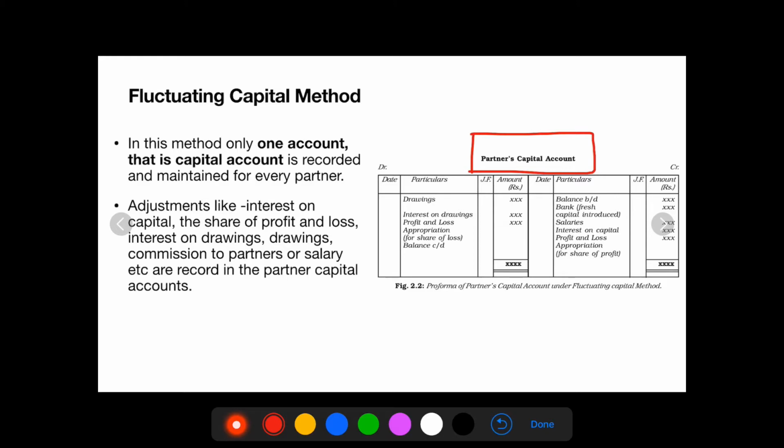So, amount of fresh capital introduced during the year or any opening balances during the year, salary, interest on capital, profit and loss appropriation profit, profit and loss appropriation losses, interest on drawings, such items all put together are recorded only in one account, that is partner's capital account.